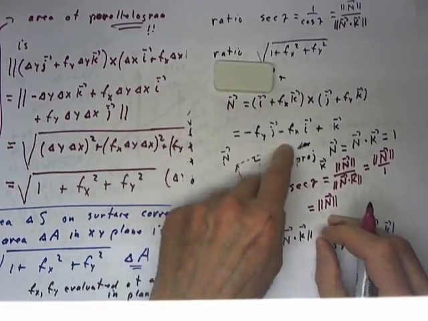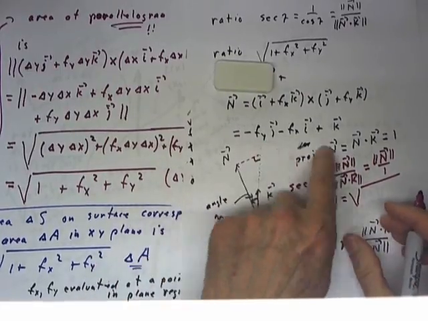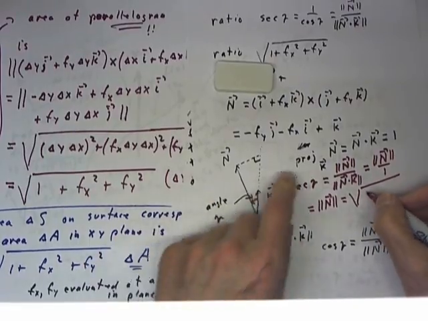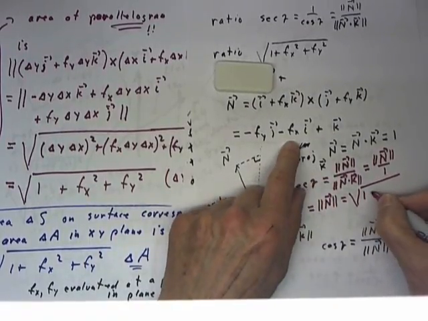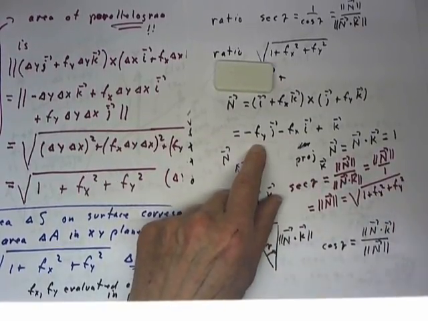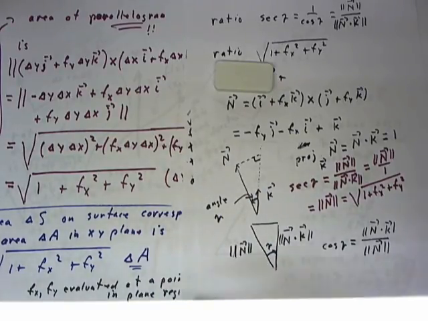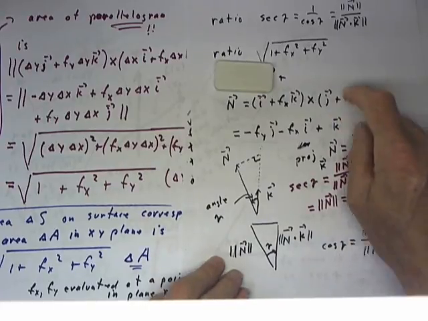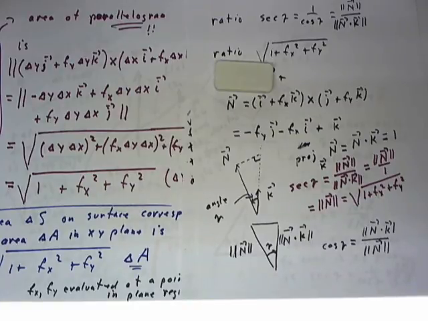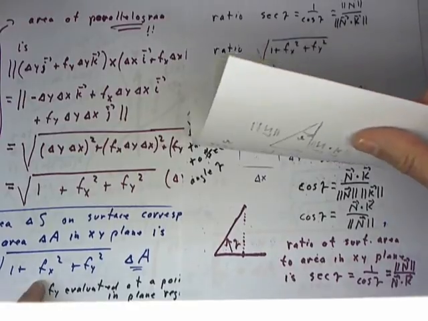And the magnitude of our normal vector is something we can pretty much just read off here. It's just the sum of the squares of these components. It's going to be 1 for the k component, 1 squared, plus fx squared here, plus fy squared here, confirming that for this choice of the normal vector, our ratio here is equal to the ratio we get here, which reconciles these two expressions and these two pictures.